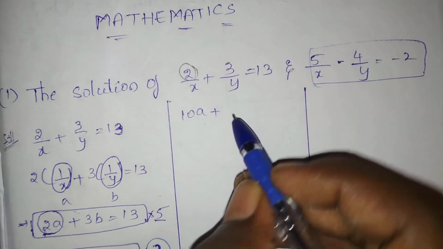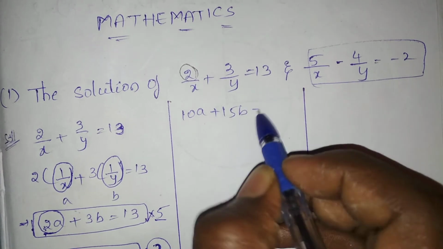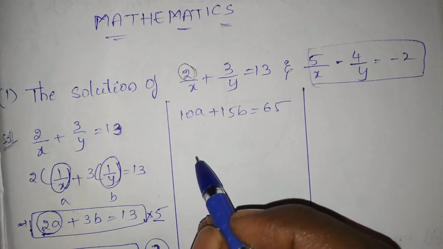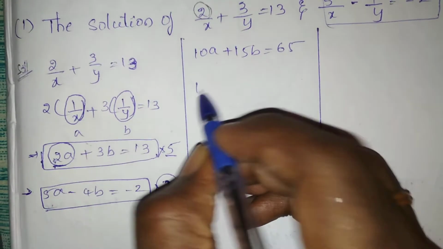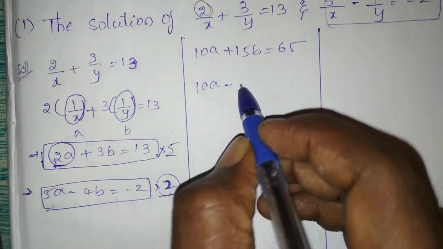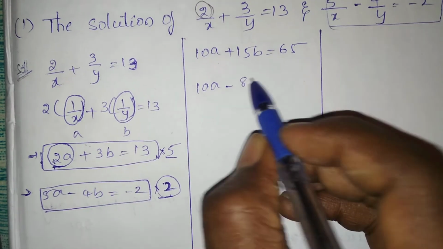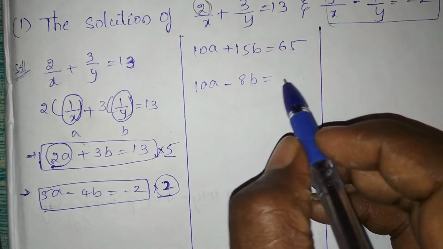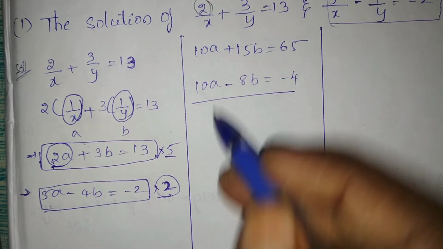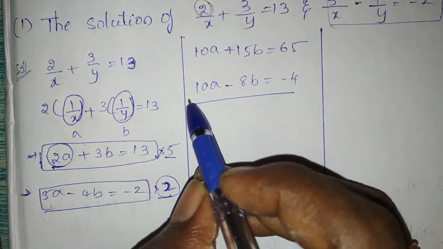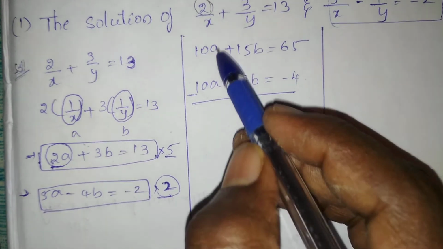10a plus 15b is equal to 65. And one more equation, 10a minus 8b is equal to minus 4. I am subtracting the equations, so that here it is positive and here it should be negative.